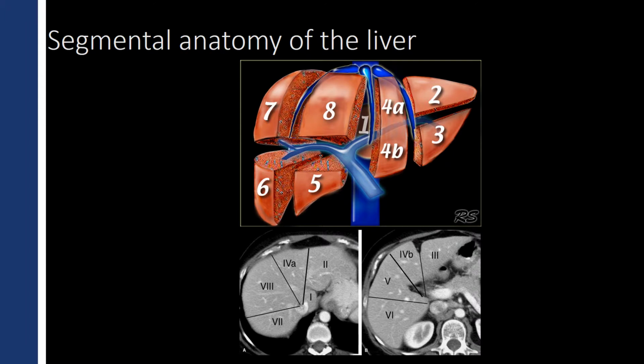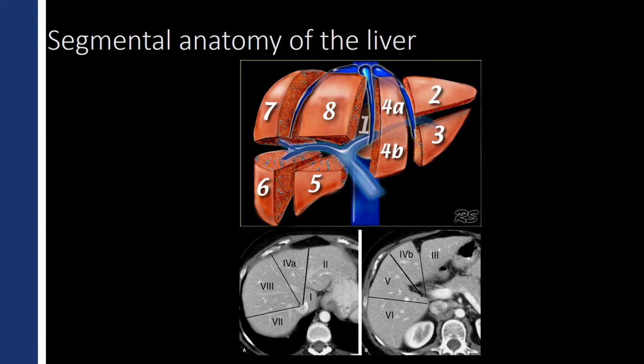Now, I have mentioned a couple times that the hepatic veins run more vertically, and the portal vein runs more horizontally in the liver. And the reason that's important is because we can divide the liver by segments by the hepatic and portal veins, where they run. This is very important for surgeons, for surgical planning.